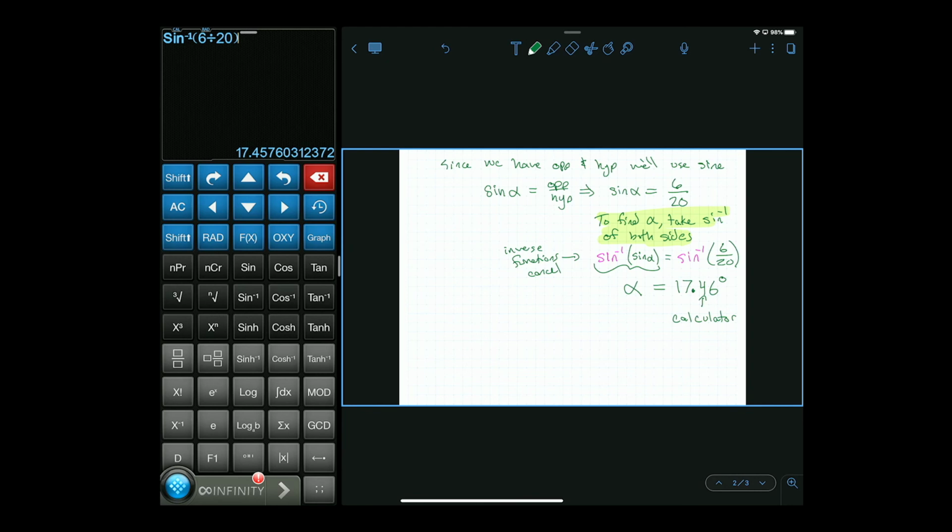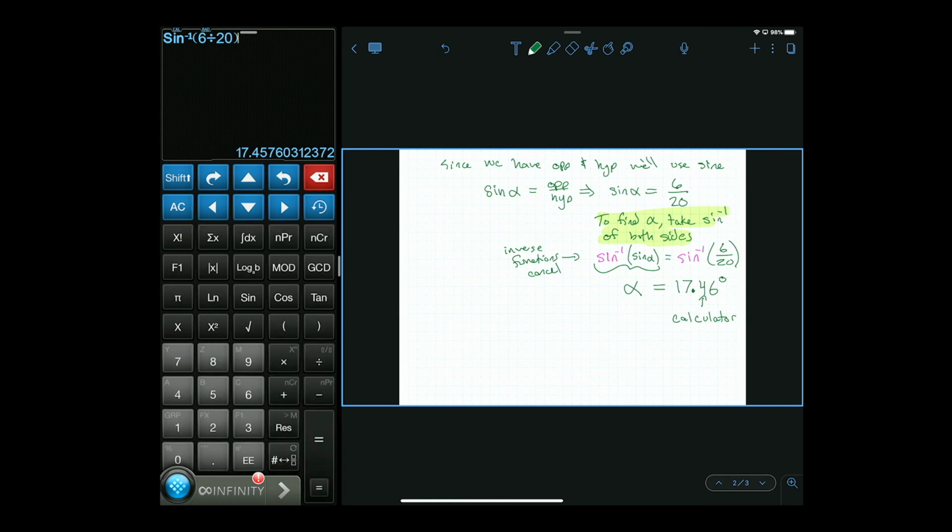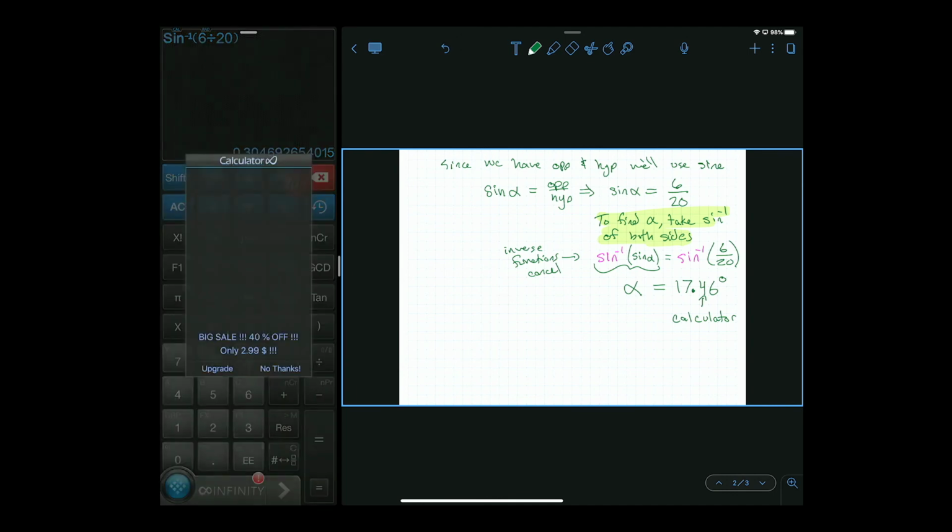So if I change it to radian mode and I do that exact same calculation, hit enter again, now I get 0.3. So I get a different answer. If you want degrees, you need to be in degree mode, and I do want degrees.